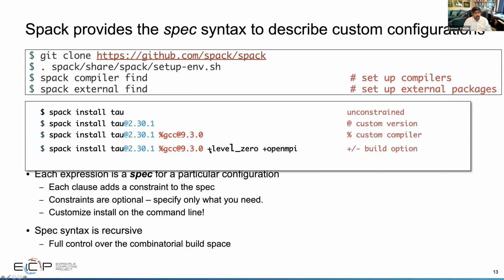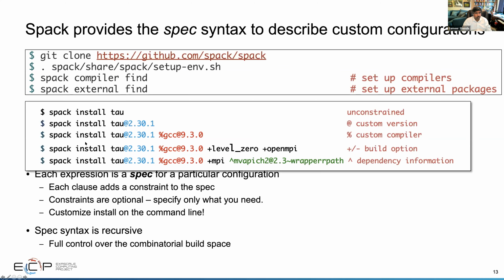And then you can specify options. You can specify variants. Here I'm saying, please use the Level Zero interface in TAU for Intel GPUs and specify other options like OpenMP or OpenACC. You can specify MPI, you can specify MVAPICH2 and the version of that with specific variants for that.